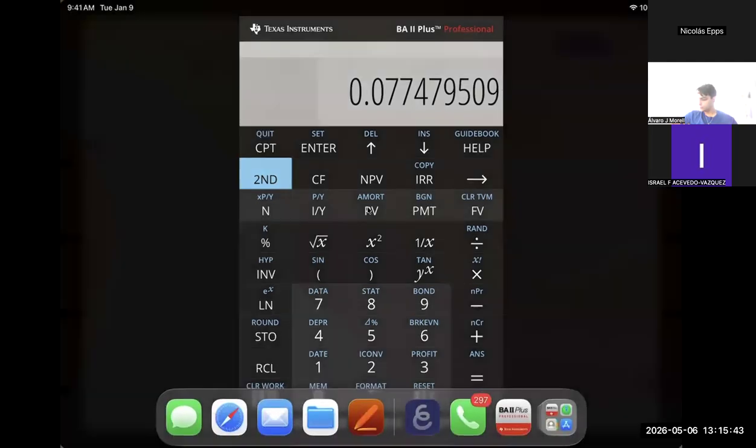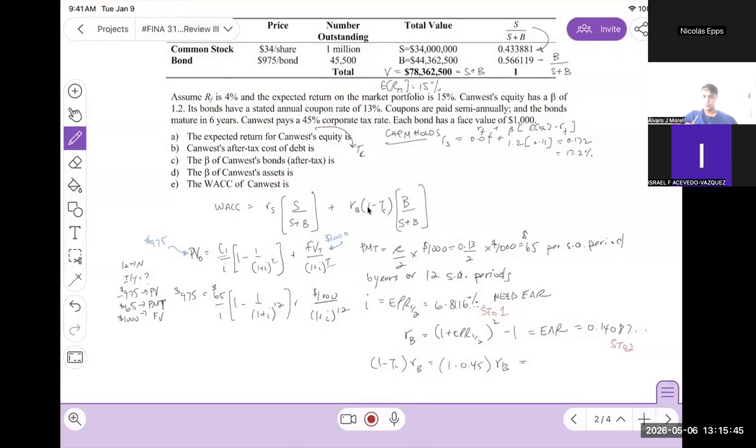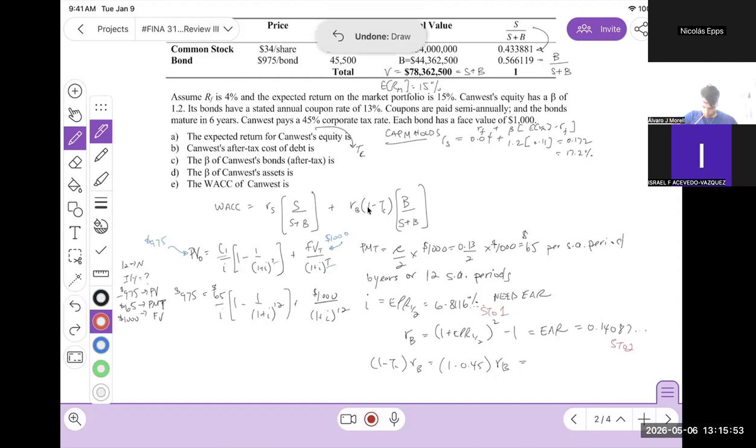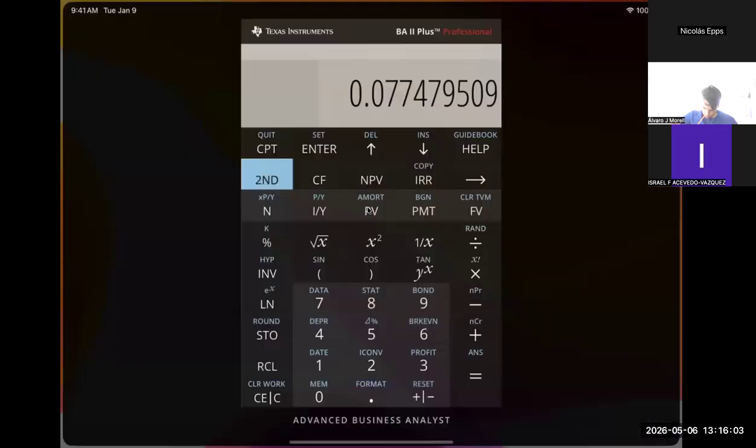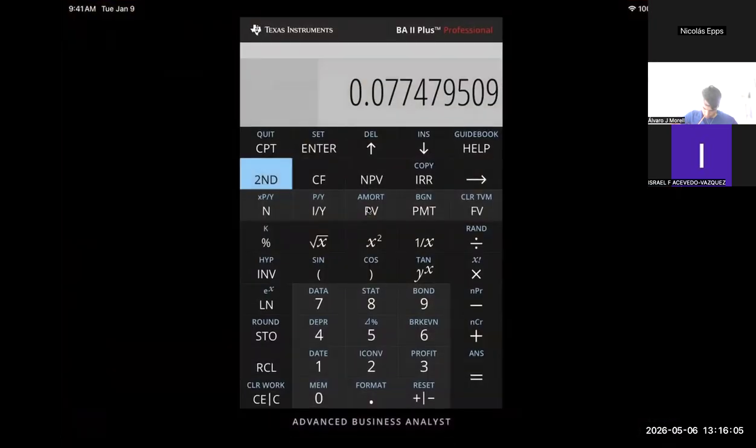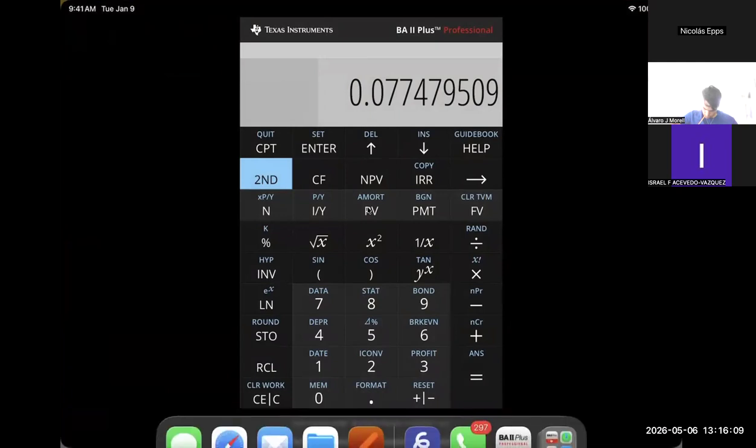Okay. So store 2, that's store 3, which is 0.07748. Yeah, or 0.0774.